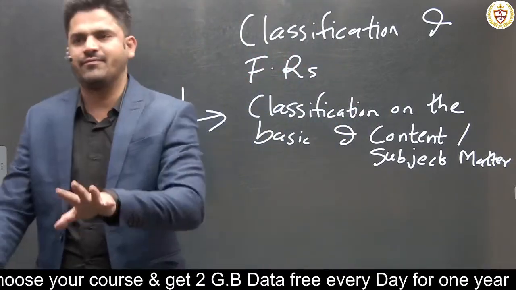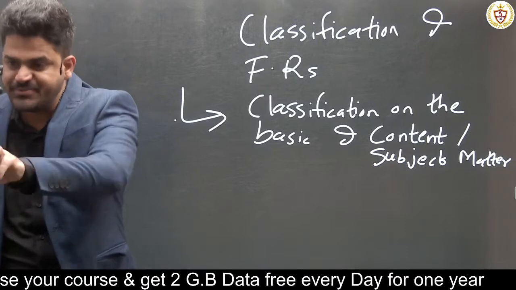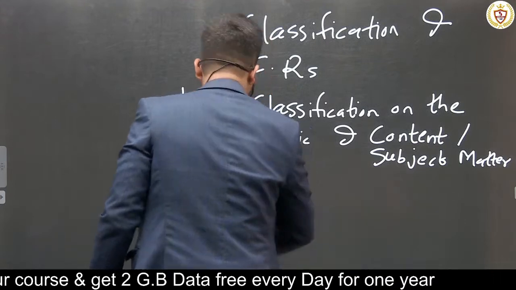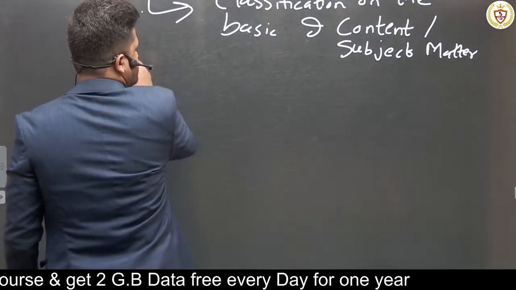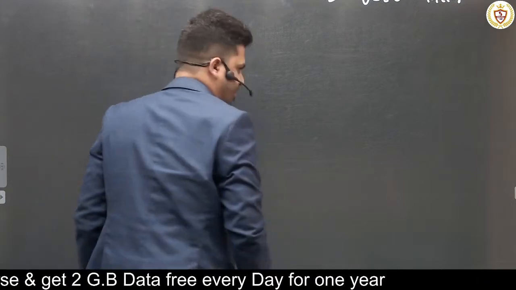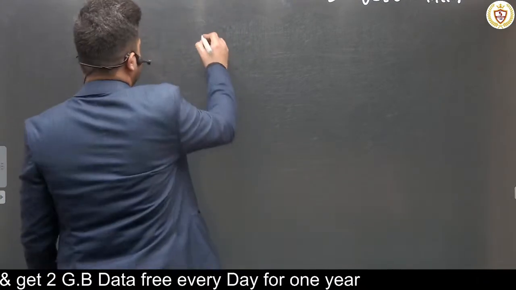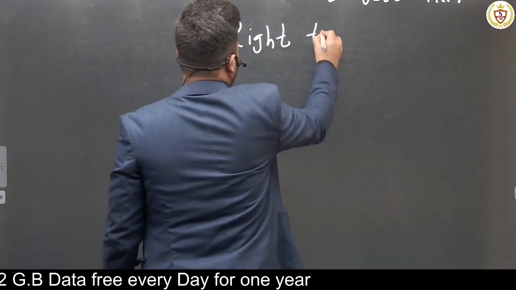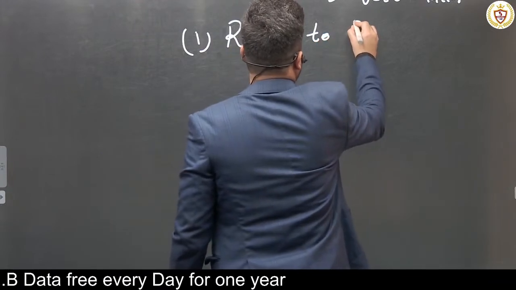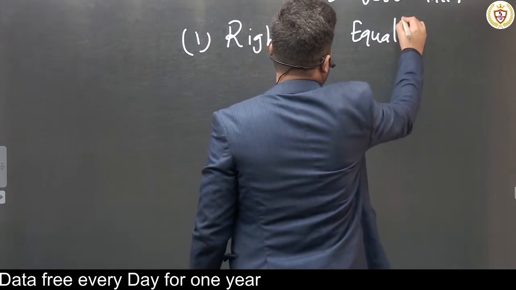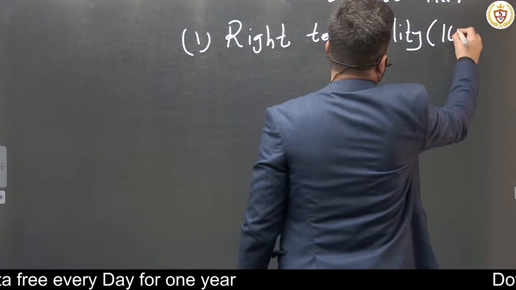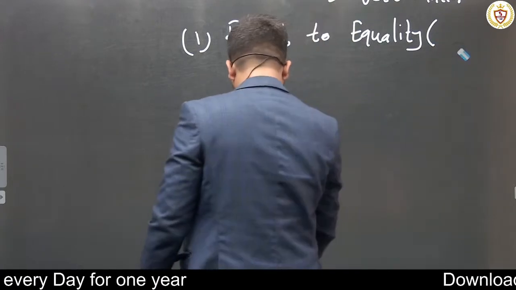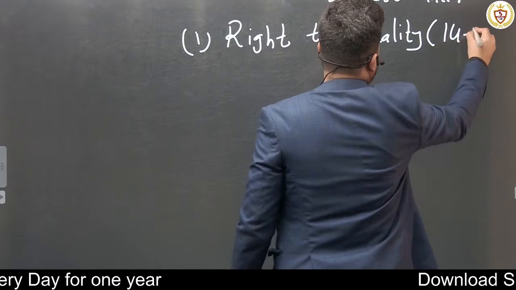Classification on the basis of content of the right or subject matter of that right. Now on the basis of this type of classification, fundamental rights can be classified into 6 categories. Number 1, right to equality from articles 14 to 18 on the basis of content.